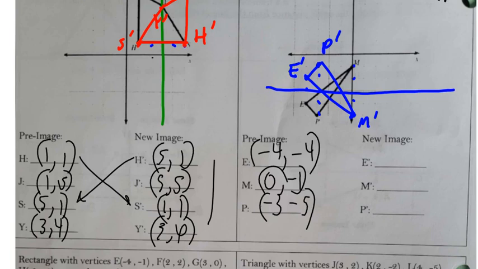Well, E prime is still at negative 1, but now it's at negative 2. M prime is still at 0, but now it's down at negative 5. And P prime is still at negative 1. That didn't change. But now it's at negative 3.